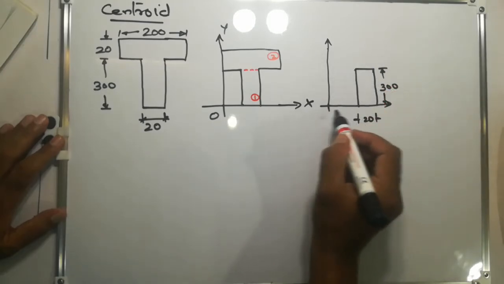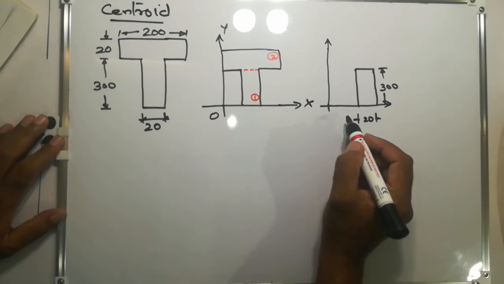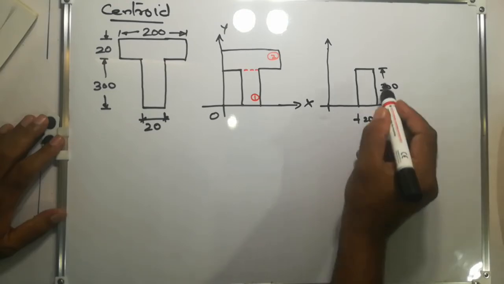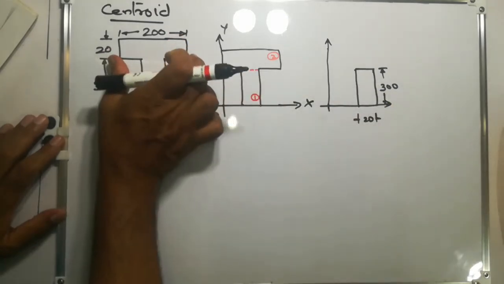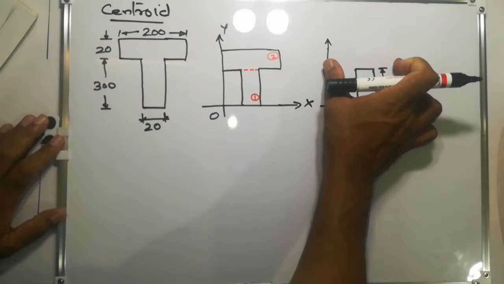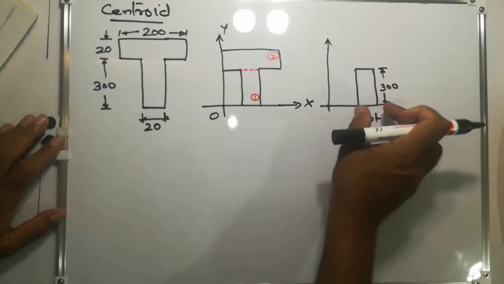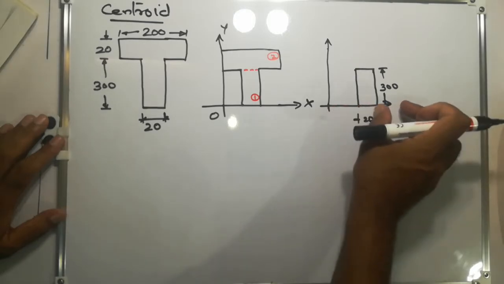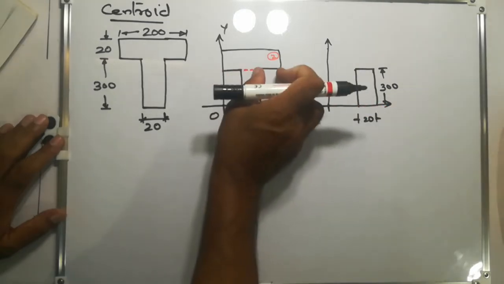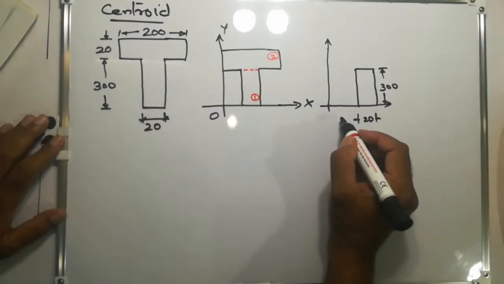So this distance will be 90. 200 minus 20 divided by 2, 180 by 2, 90.